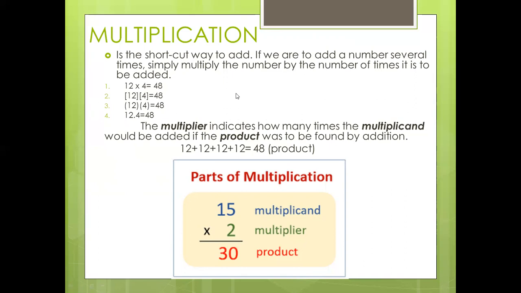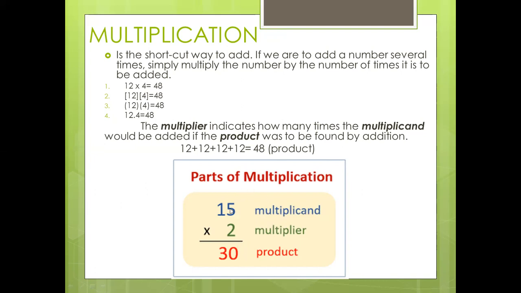Before going to our example, we have to know the parts of multiplication. We have here the multiplicand. So this is our multiplier. It indicates how many times the multiplicand would be added if the product was found by addition.